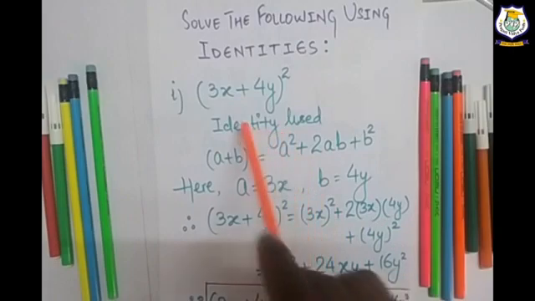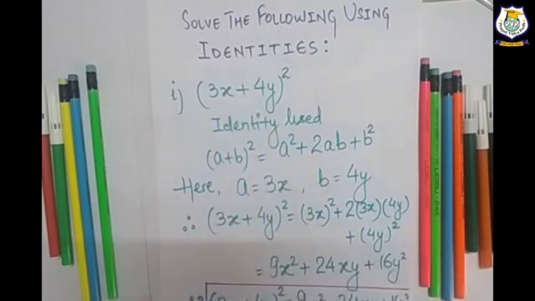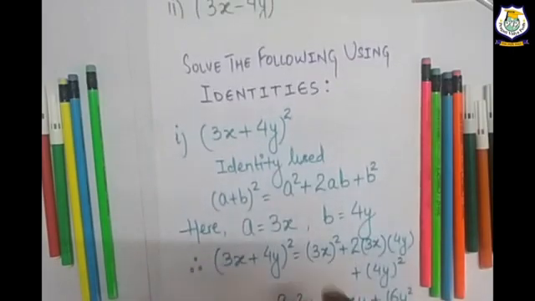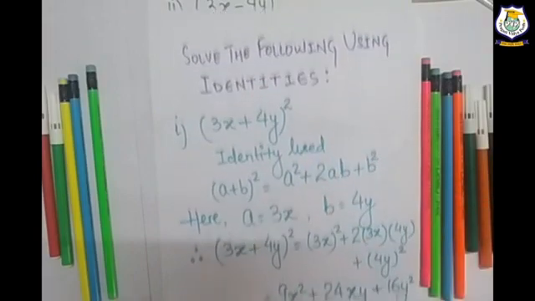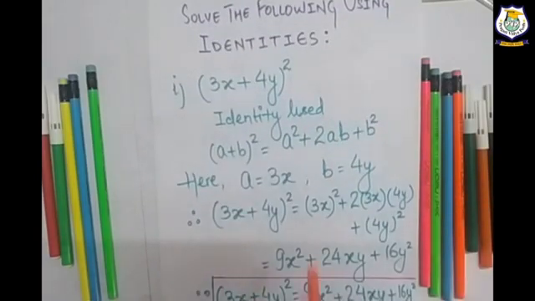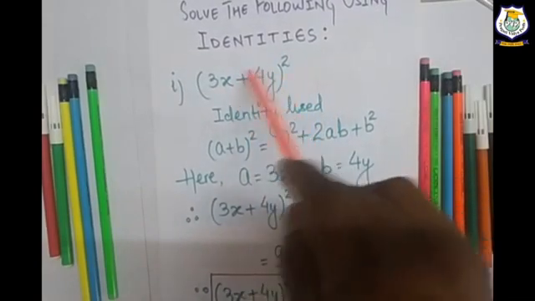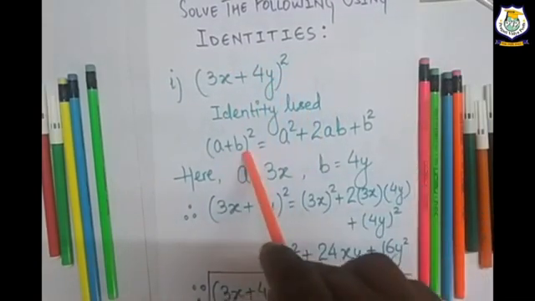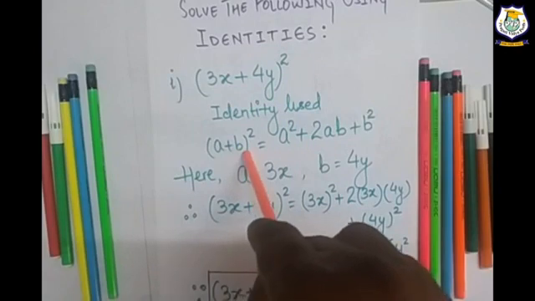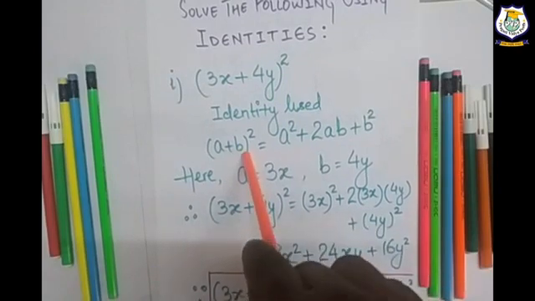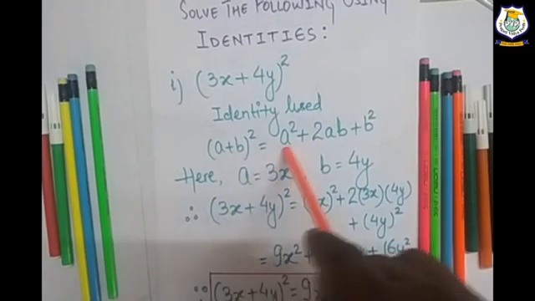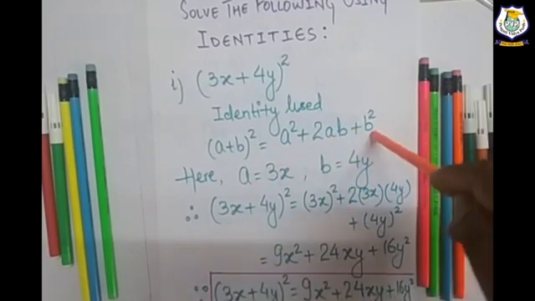Suppose we have a question: 3x plus 4y whole square, and the condition is to solve it using an identity. When we take a look, 3x plus 4y whole square is quite similar to a plus b whole square. By the help of identities, we know that a plus b whole square is a square plus 2ab plus b square.